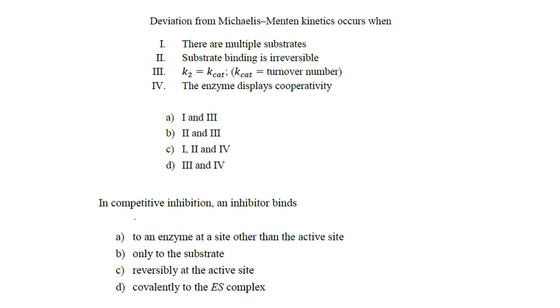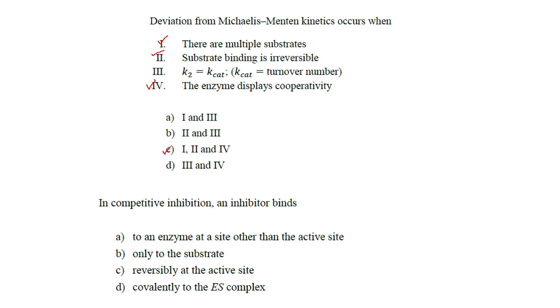So if you check, in Michaelis-Menten kinetics, K2 is not equal to Kcat, and there are not multiple substrates. The substrate binding is not irreversible, and the enzyme does not display cooperativity. So 1, 2, and 4 are incorrect.